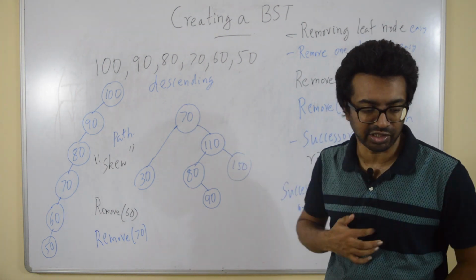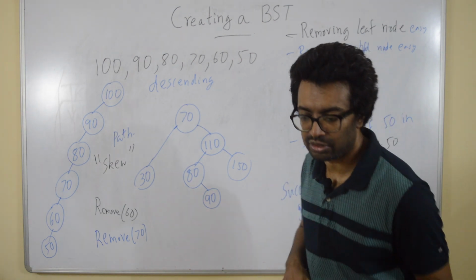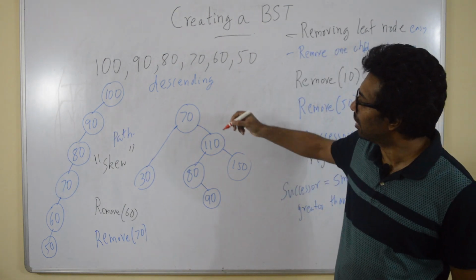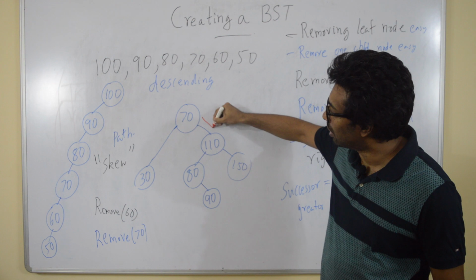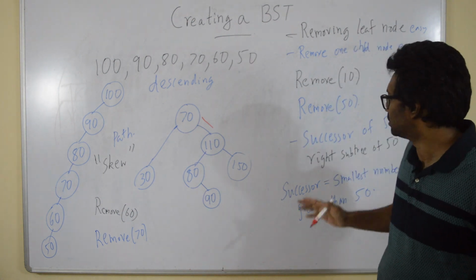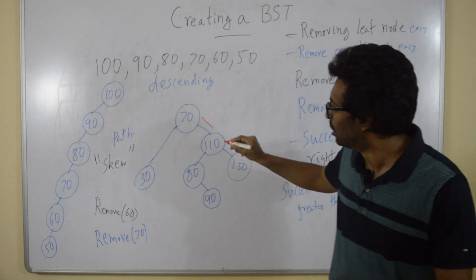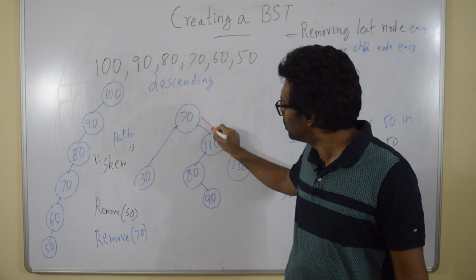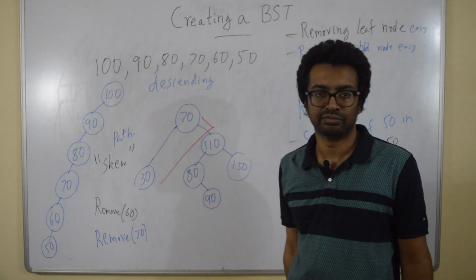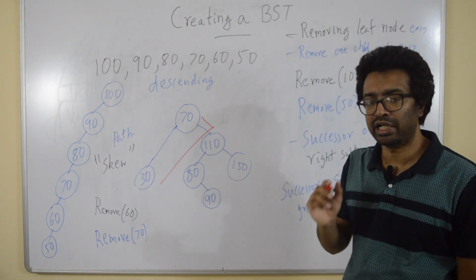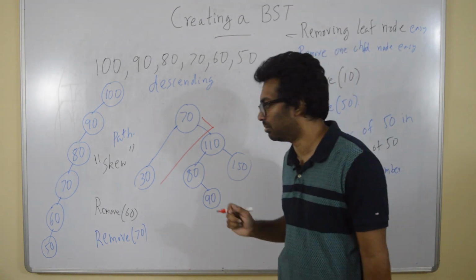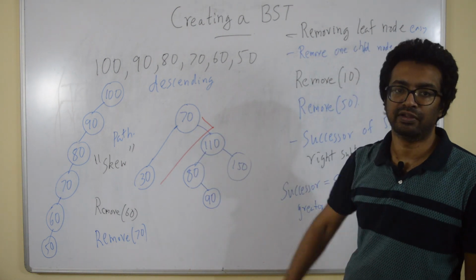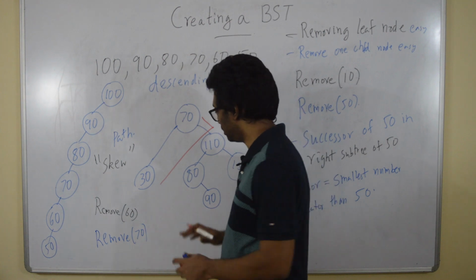It's very easy. There is an algorithm to find the successor. What you have to do is turn right, because as we said, the successor in the right subtree is what we are interested in. You turn right, and then you just go on the left side. There you will find the smallest number in this left tree.